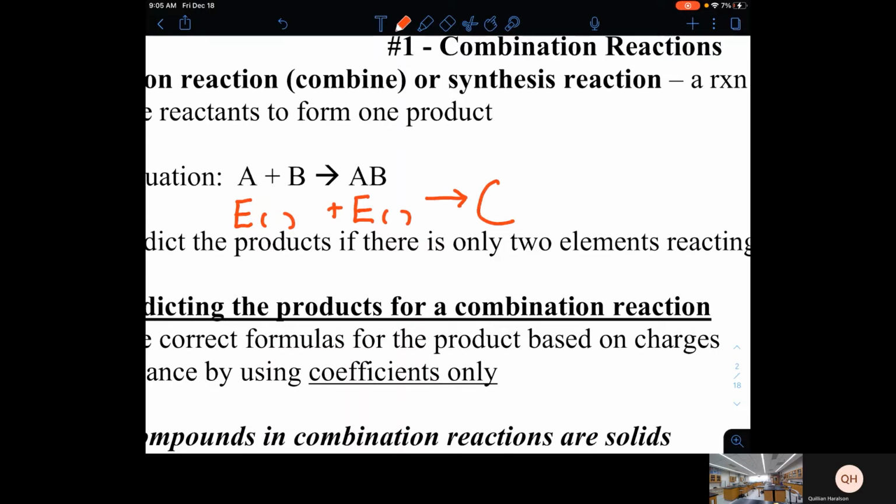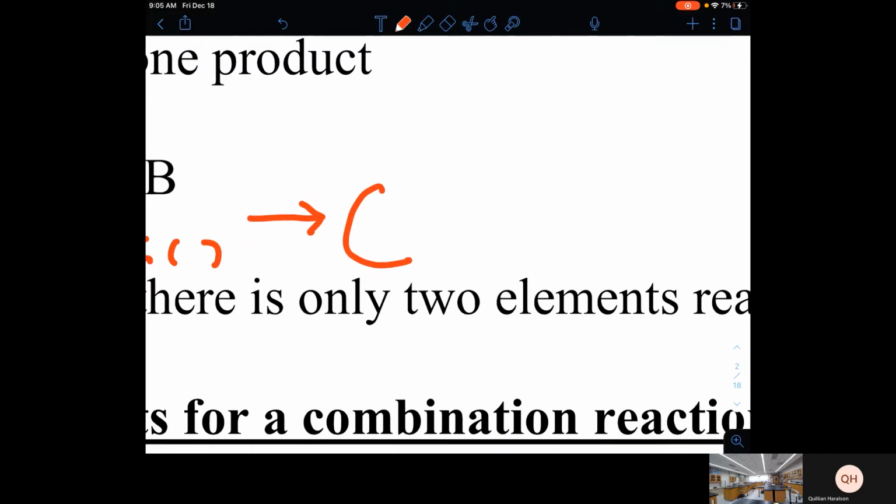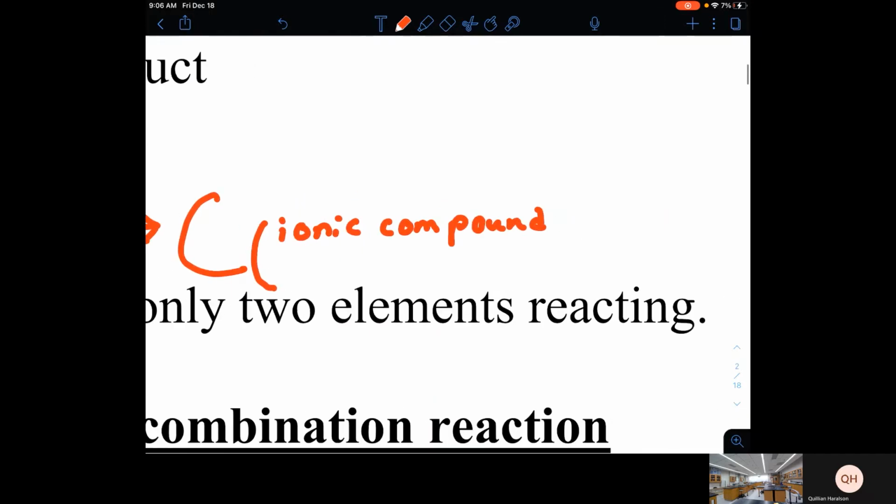As far as the compounds, I'll write it in here really quickly, as it says in the notes: if the compound happens to be an ionic compound, the state is going to end up being a solid, because we learned from the previous chapter that ionic compounds produce crystalline solids.